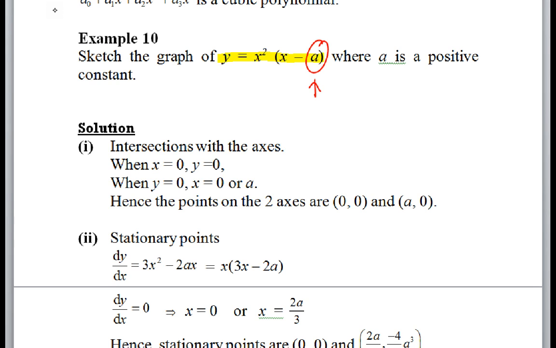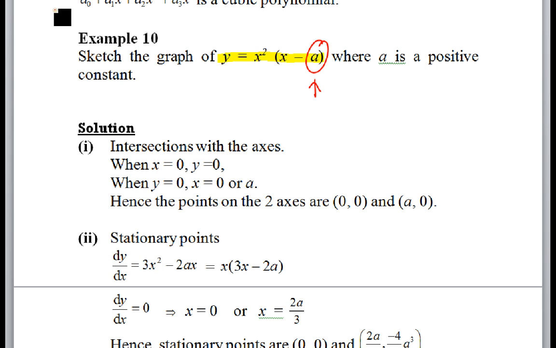So when you are asked to sketch, you have no point. When you find SIA, when you find intercept, you still have to do it analytically. You cannot use GC. To find stationary point, you also cannot use GC. You don't know what the value of it is. So you have to perform all these things, which I'm not going to do. You can do differentiation on your own and find the stationary point.